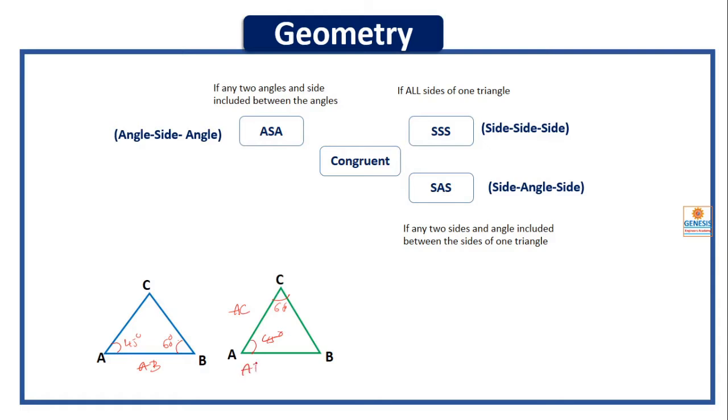If AB is equal to AC, then we can say it is a congruent relation, and these two triangles are said to be congruent.